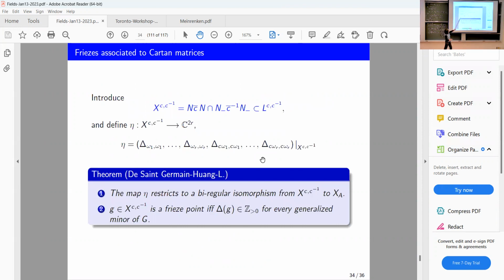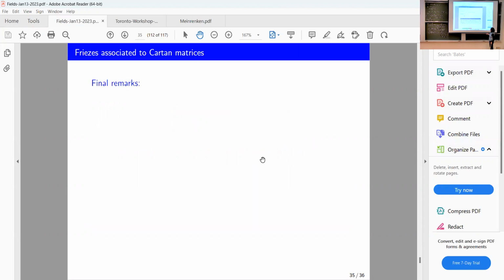Our theorem is that a piece of this reduced double Bruhat cell is a variety isomorphic to the cluster variety. You can also give a description of the Frieze points using the so-called generalized minors. I won't spend too much time on the beginning part.